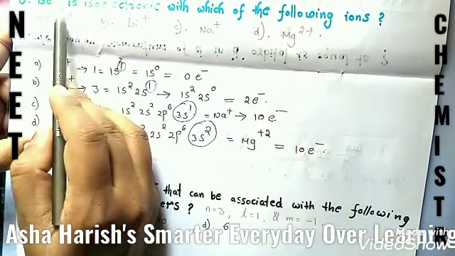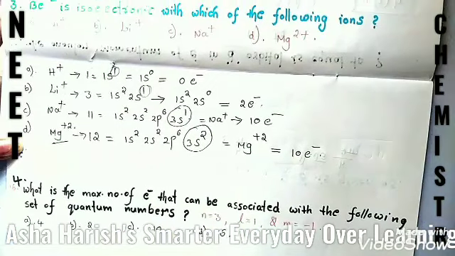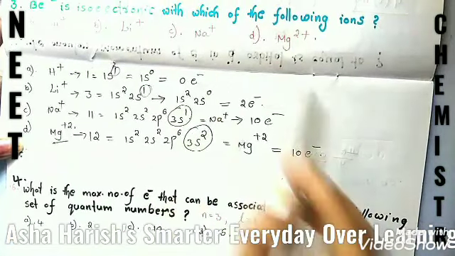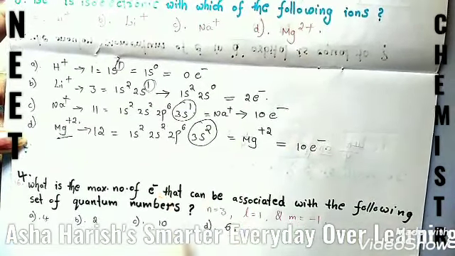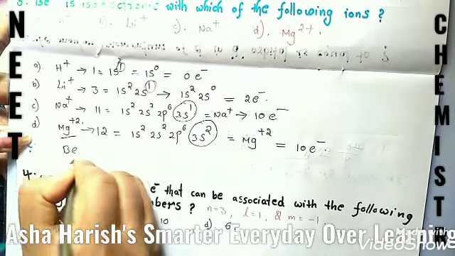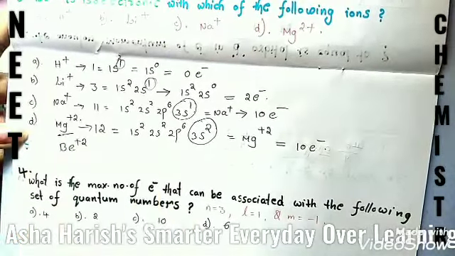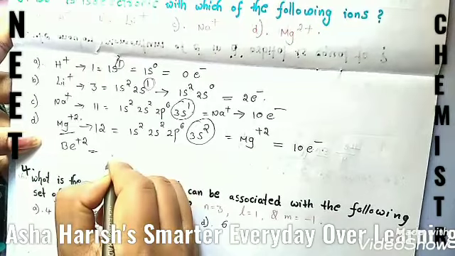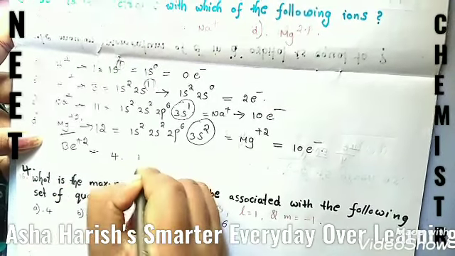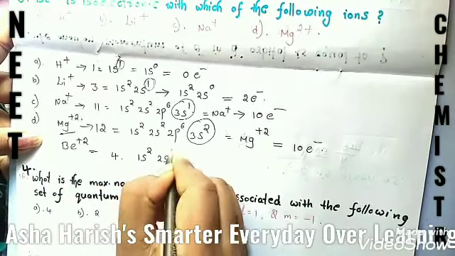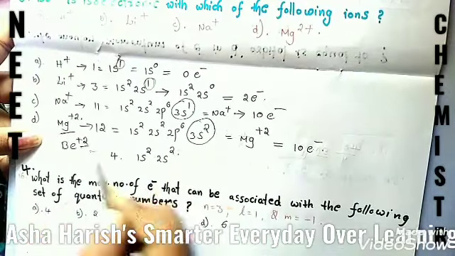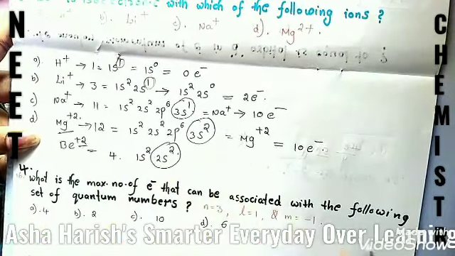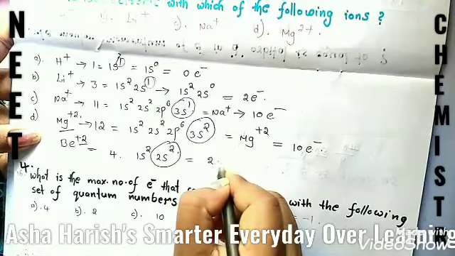And Be plus 2 is isoelectronic with which of the following ions? That means you need to calculate the electrons for Be plus 2 also. Beryllium has atomic number 4 and the electronic configuration 1s2, 2s2. For Be plus 2, you need to remove these 2 electrons, so you finally get 2 electrons.